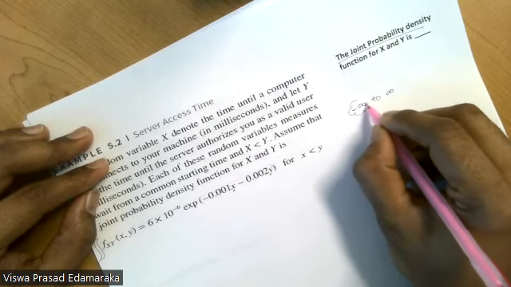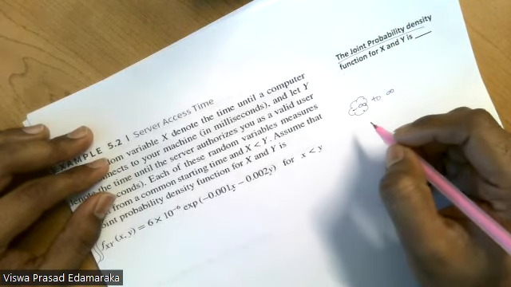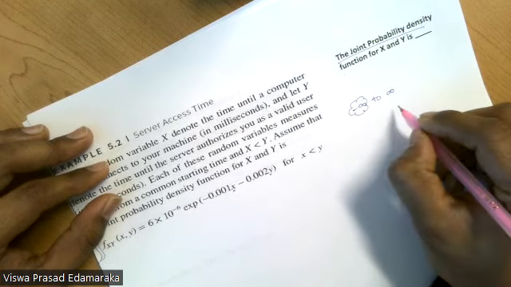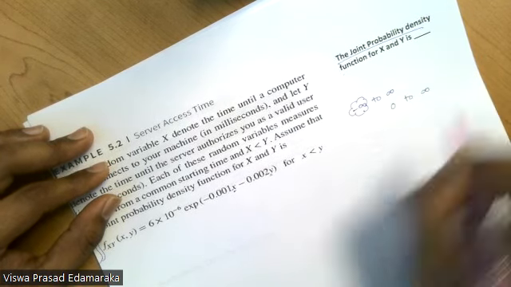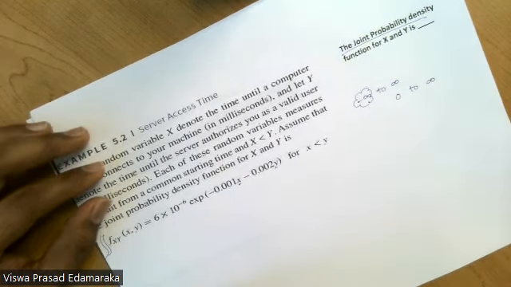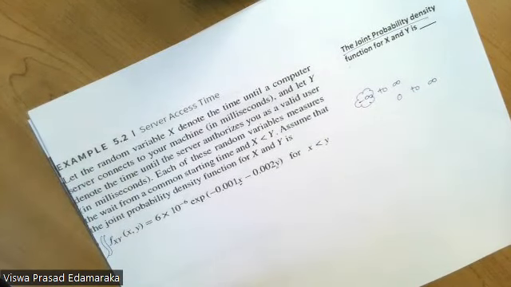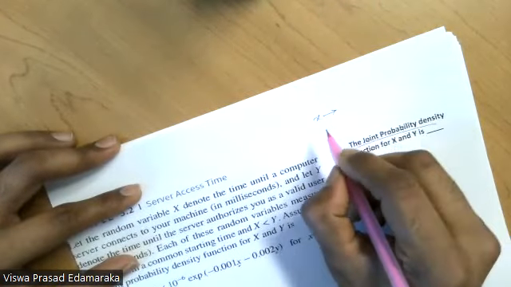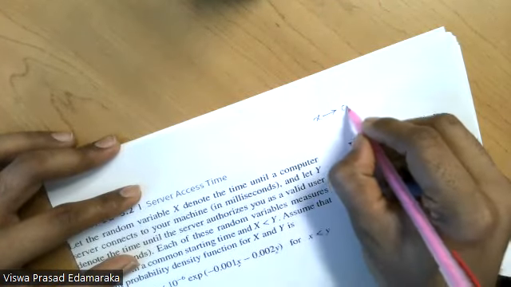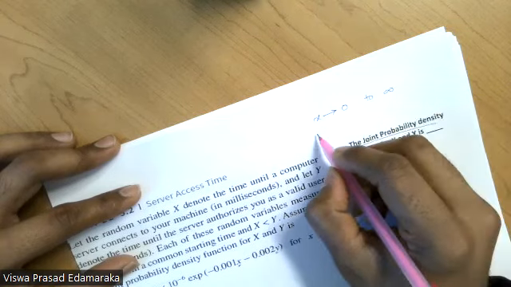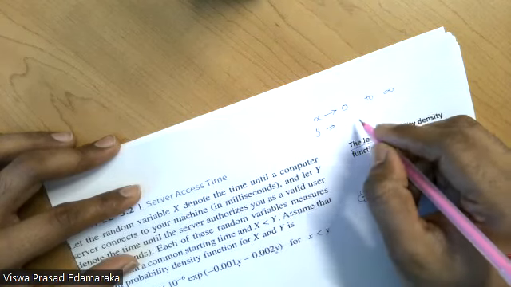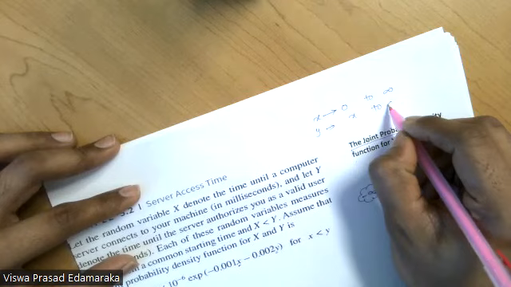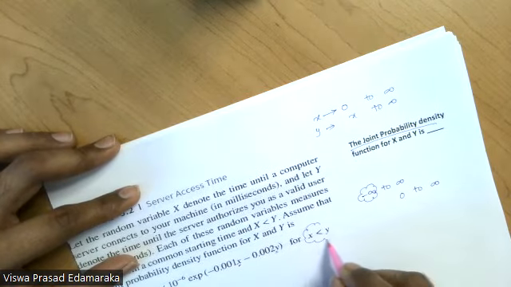We don't have negative values in probability, so we'll calculate from 0 to plus infinity. For every function, we will calculate the limits first. For x, it's 0 to infinity. For y, it will be from x to infinity because it is given that x is always less than y.